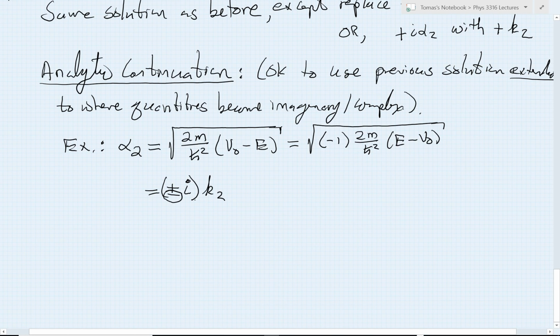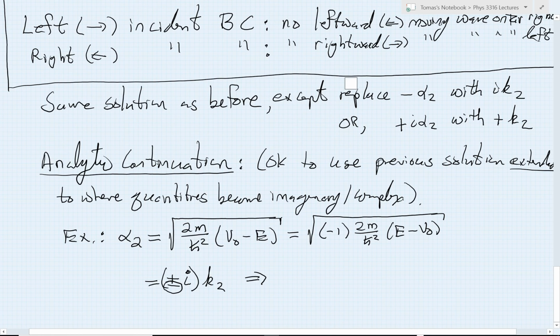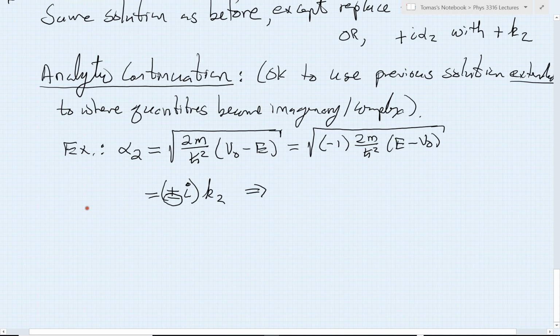Now, the last bit is I want you to notice that this comports exactly with this idea of just redoing all of the algebra. Because this relation says that if I multiply through by i, it also says that i alpha 2 would equal i times minus i k2.